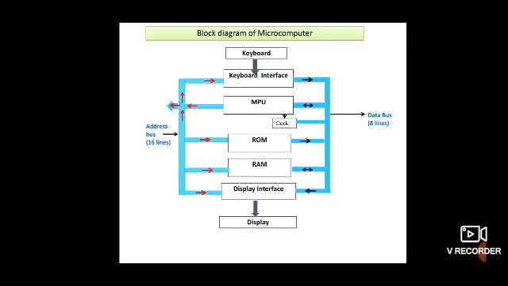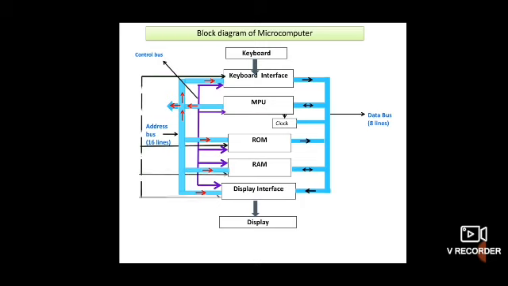Now next is the control bus. What is the function of this control bus? It controls the timing signal of the system. Then next is the chip select line.